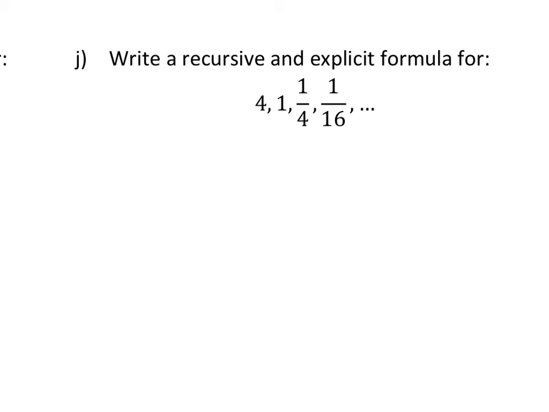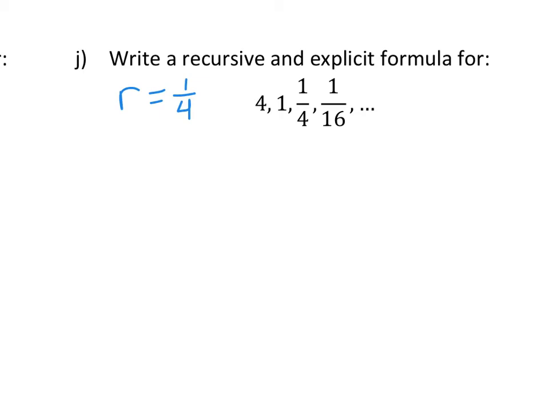Okay, let's do one more together. Let's look at J. Write a recursive and an explicit formula. So we have to do both. Well, I know it's geometric. The common ratio, it's dividing by 4, so the common ratio is 1/4. It doesn't matter which one you start with, so I will go ahead and start with the explicit.